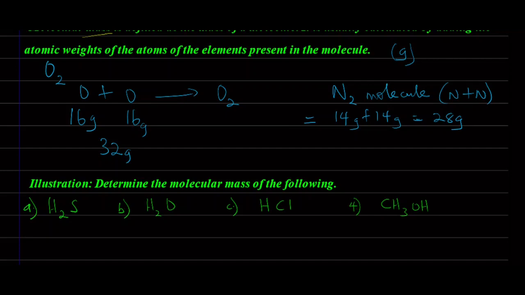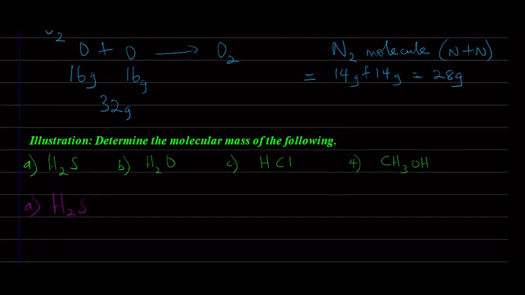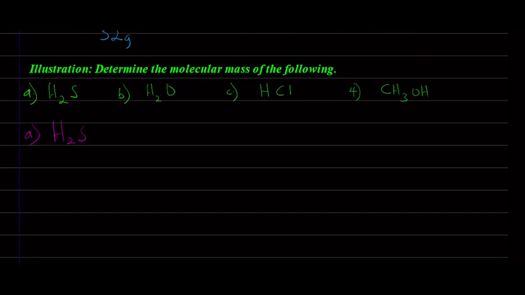So let's look at the first one, which says H2S. As we know, H2S is a molecule and it is considered a heteronuclear molecule. It is formed by two atoms of hydrogen and one atom of sulfur. What is the atomic weight of hydrogen? That is 1 gram. The atomic weight of sulfur is 32 gram.